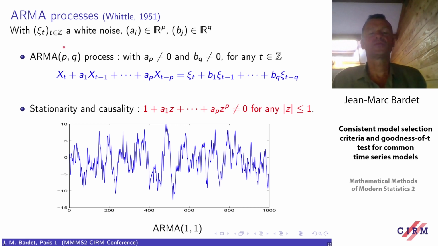So if we consider a white noise, and two families of real numbers, a_i and b_j, we will say that Xt is an ARMA(p,q) process if you have this relationship between the past values of Xt and the past values of the white noise.